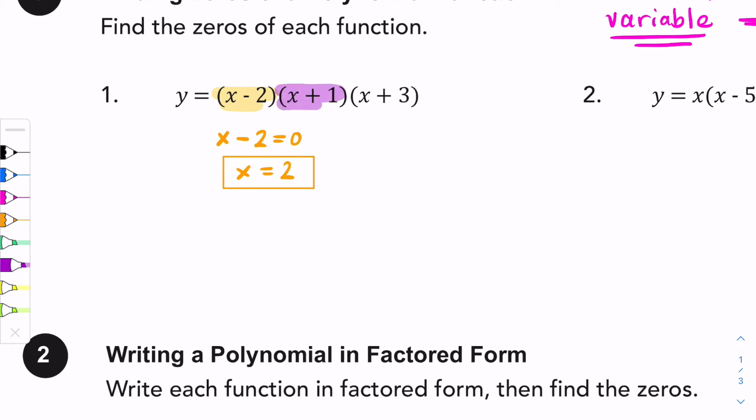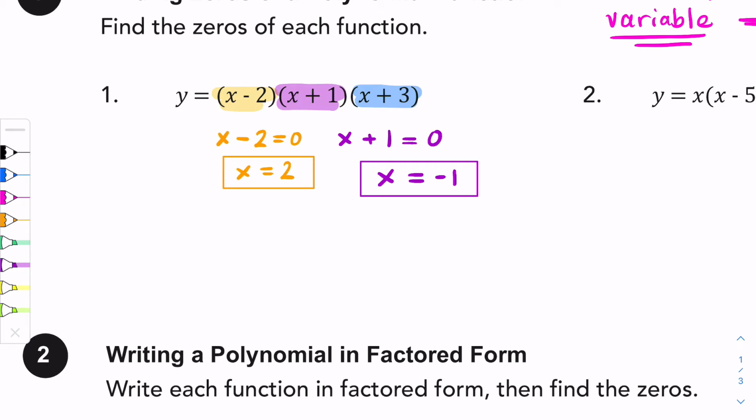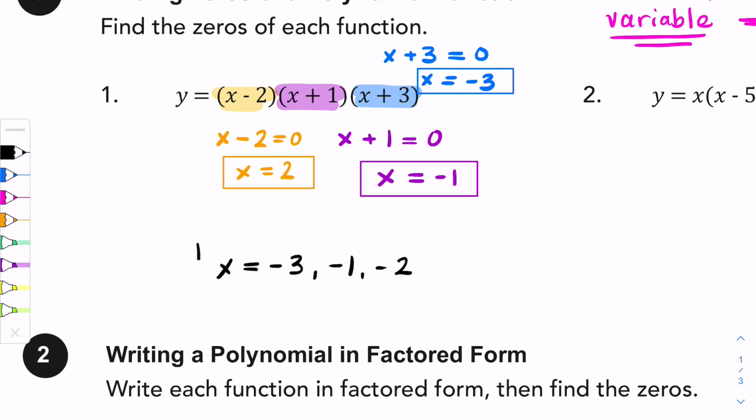Next, we set x plus 1 equal to 0 and solve for x, giving x equals negative 1. And lastly, we set x plus 3 equal to 0. When we do that, we have a solution of x equals negative 3. So all solutions of this function listed from smallest to largest would be negative 3, negative 1, and 2.